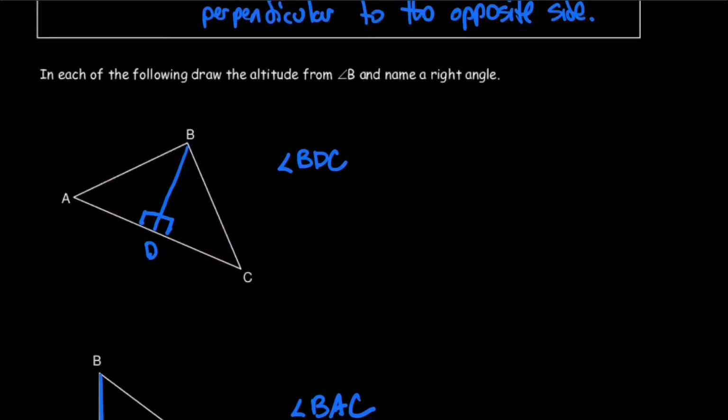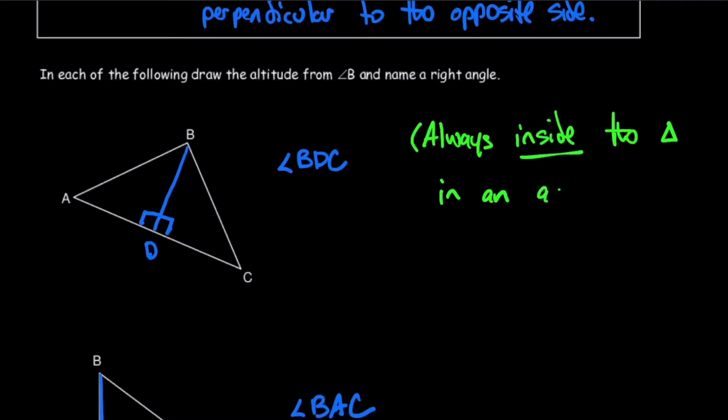So it turns out that our altitude in an acute triangle is always inside the triangle. No matter what you do, the altitude will be inside as long as all three of those angles are acute.